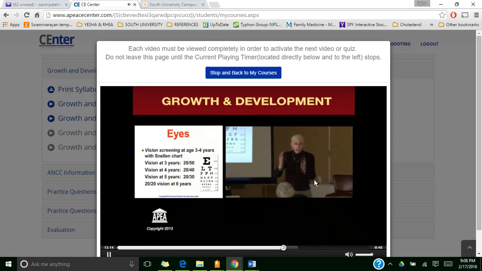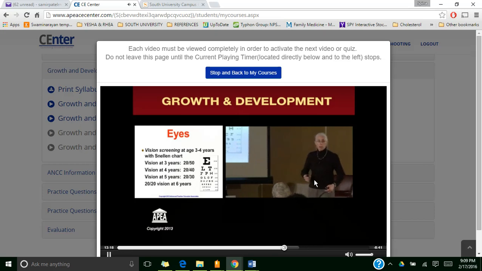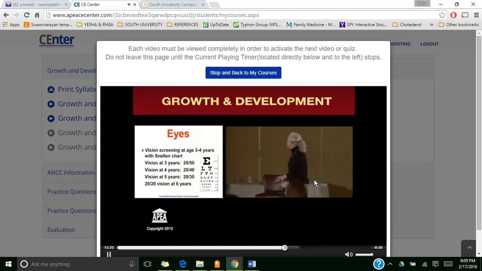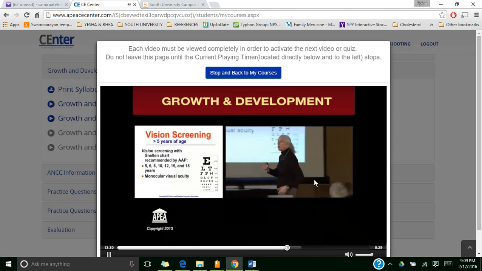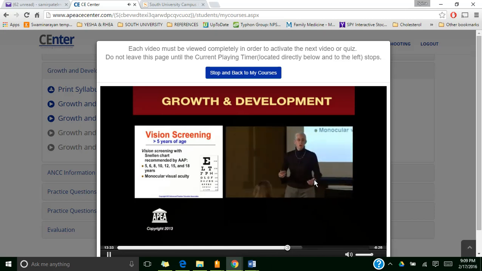Their eyes grow as well. And the lens of the eye grows too. If there's asymmetrical growth of the eyes, then vision is going to become distorted. So one of the best times to check vision in a child is after they've made a growth spurt. You got it? So that's why we assess them periodically.